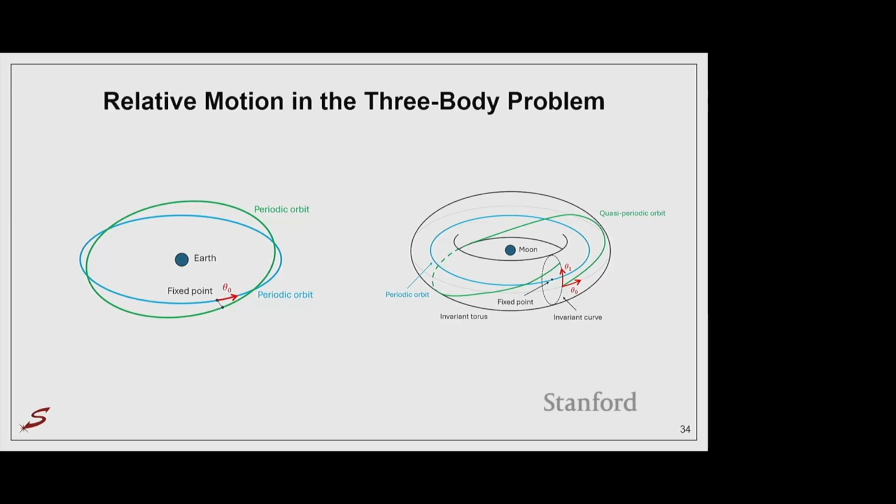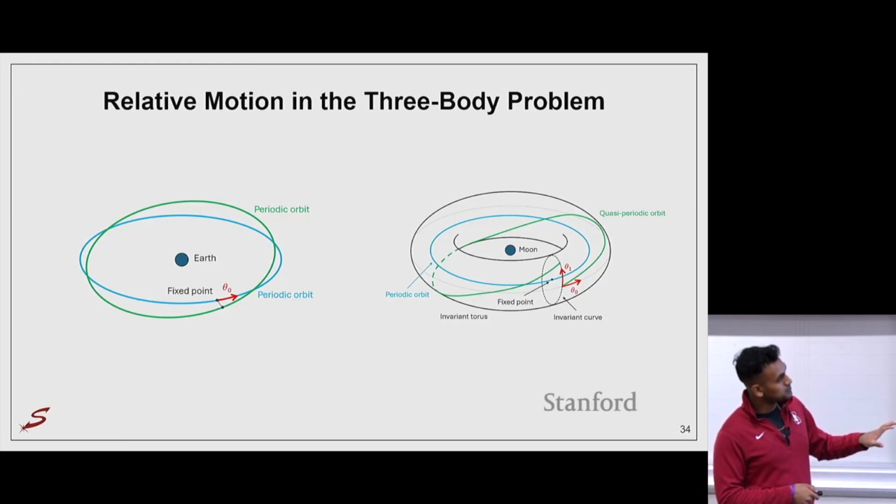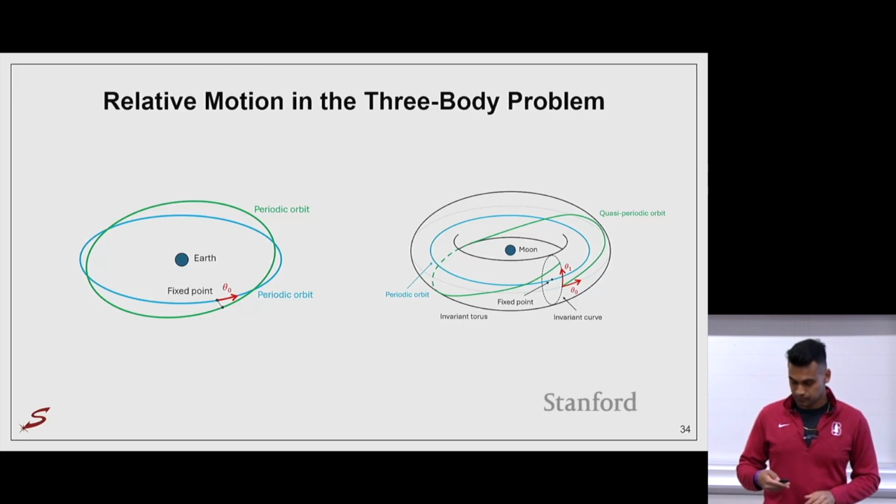It's making an orbit similar to the chief spacecraft, but not returning to the exact same point. There's an angular offset. And so over time, it'll trace out this torus structure. Torus, kind of like a donut or a bagel. It'll form this kind of mesh of quasi-periodic orbits.